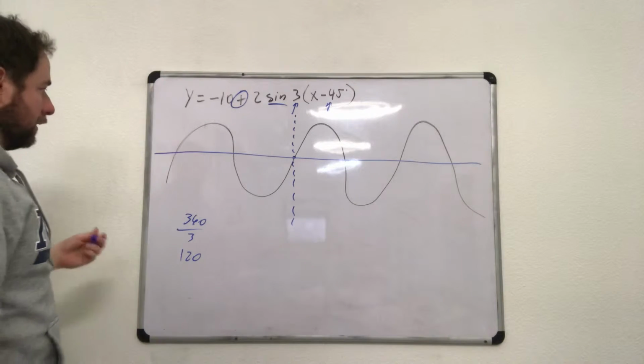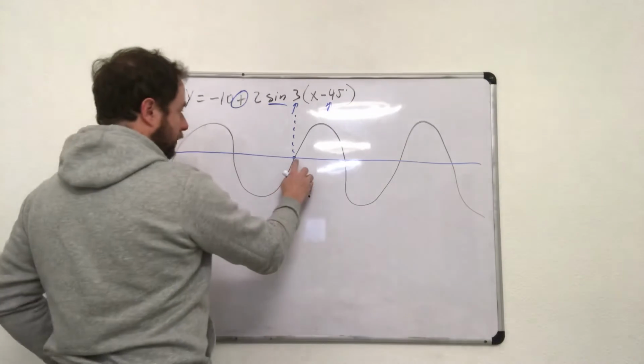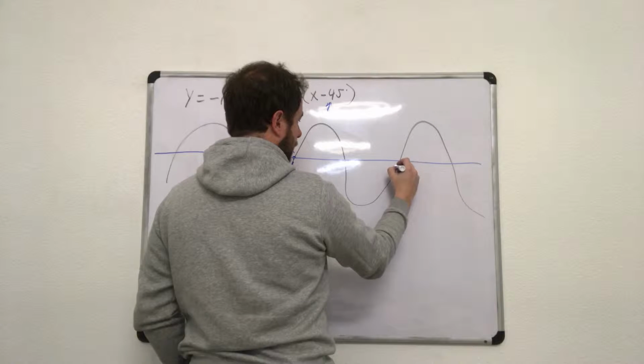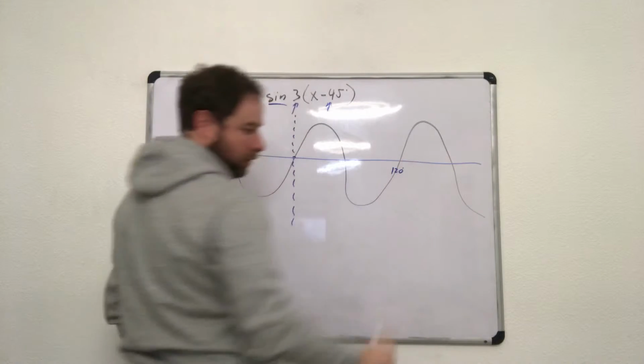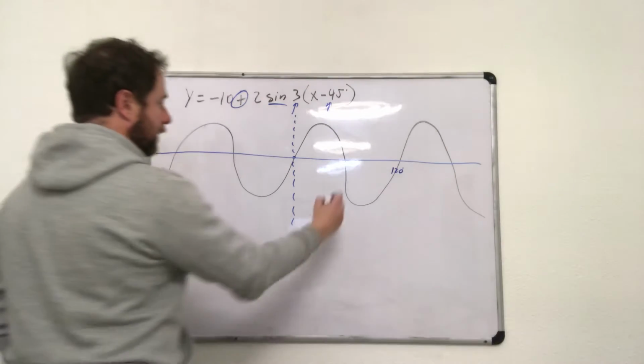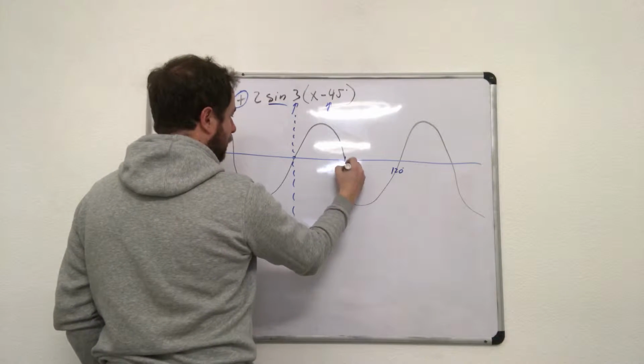Now, we know it's not, but let's go with that. So 120 would be a full cycle right here, and this would be 60 right here.